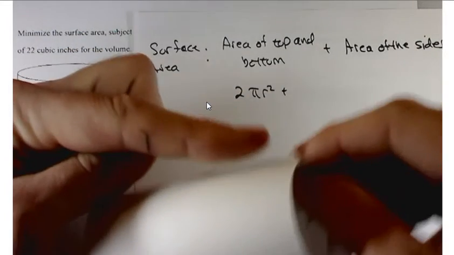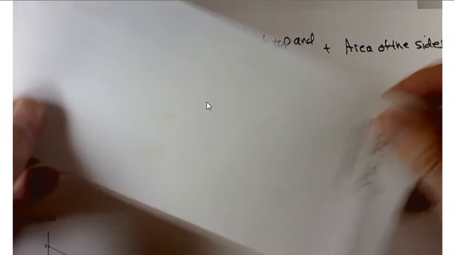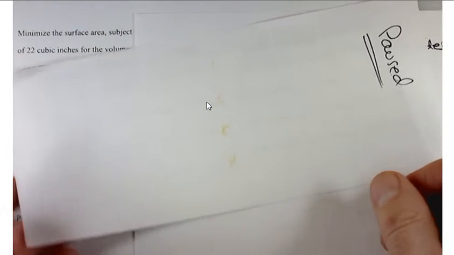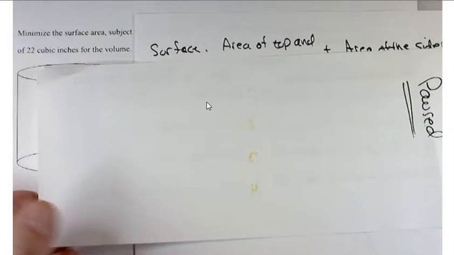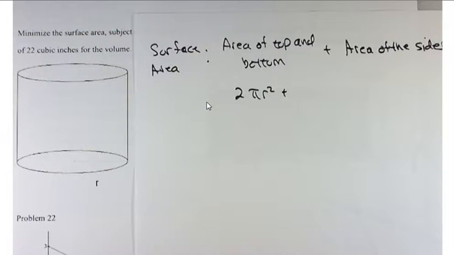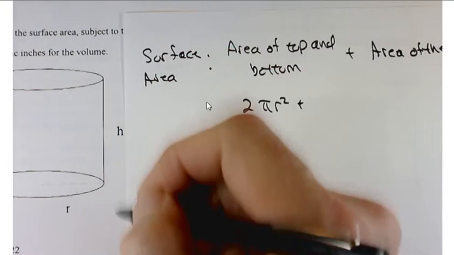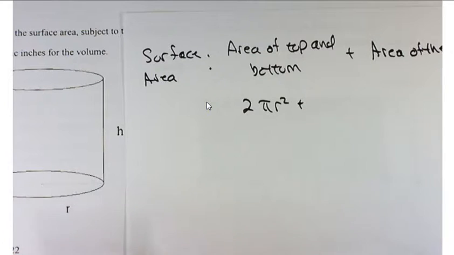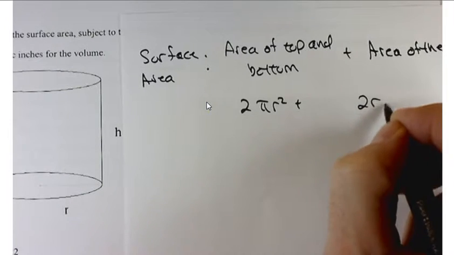I'm going to slit down that side and then unroll it. Now what shape do I have? Just a rectangle. So what's the area of a rectangle then? Base times height. So the height is h, the base is 2r. So it's going to be plus 2r times h.